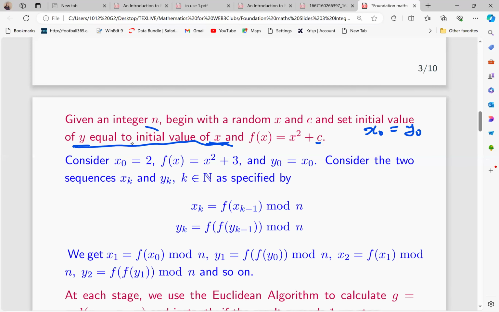I let my x naught be 2. In most cases, when you're using this algorithm, your initial value of x is 2. What we can always vary, as you want, is the value of c. You can vary c, but let the initial value of x be 2.